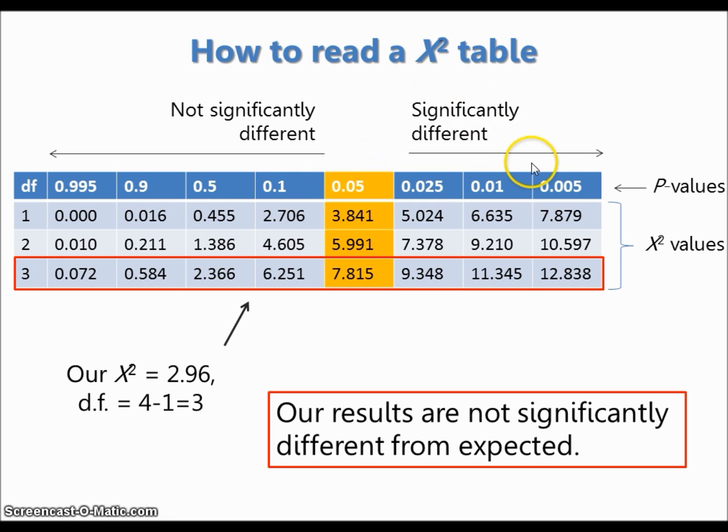However, if it is significantly different, I'm going to want you to say less than whatever the greater p-value is that you found. So if you have a chi-square that falls between 0.025 and 0.01 in here, then I want you to say that it's less than 0.025. If it falls here, I want you to say it's less than 0.05. Okay? So that is the chi-square test.